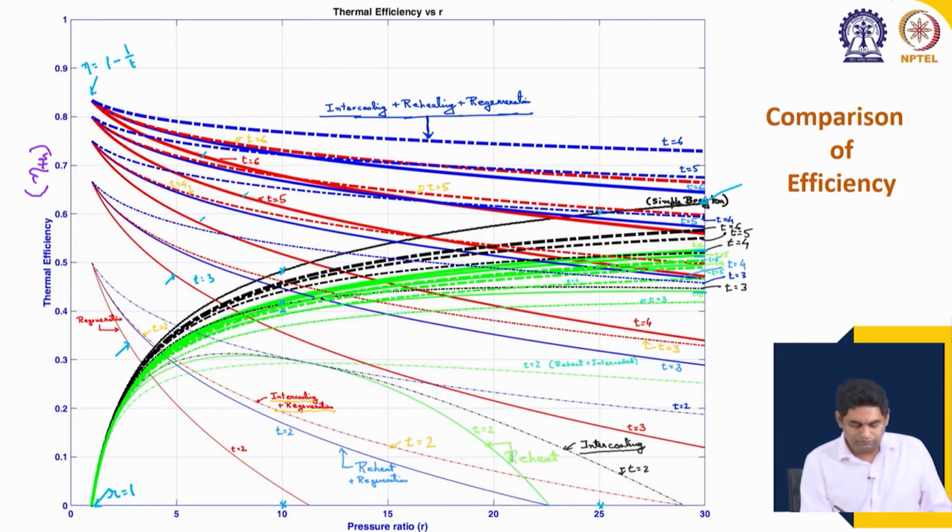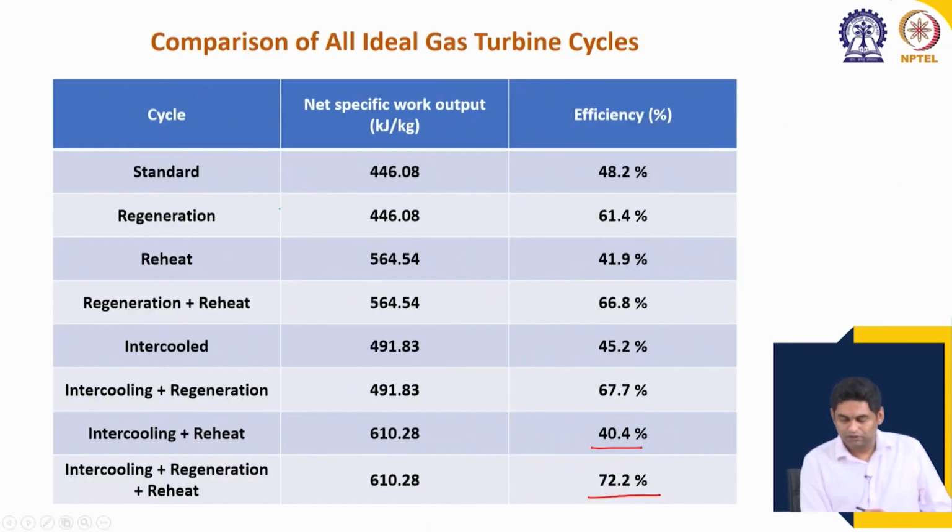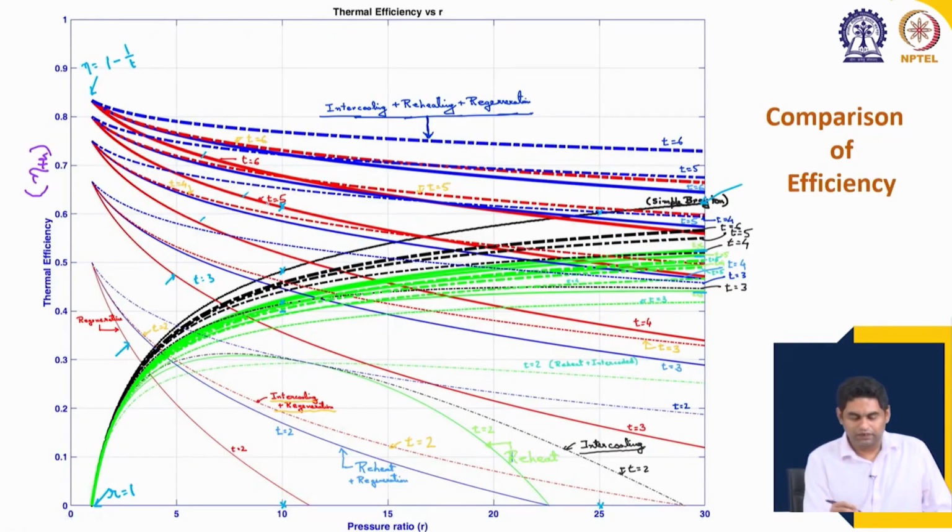And for regeneration, for t equal to 5, we were at this point R equal to 10, t equal to 5, this is slightly beyond the 60% mark. So, it was 61.4%, and again our graph agrees.